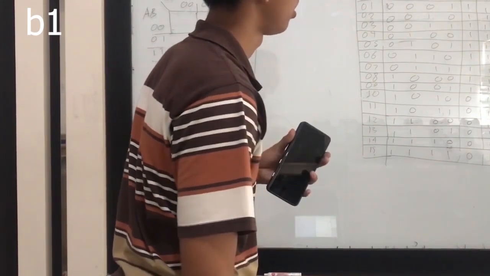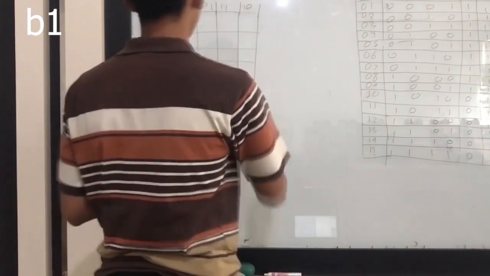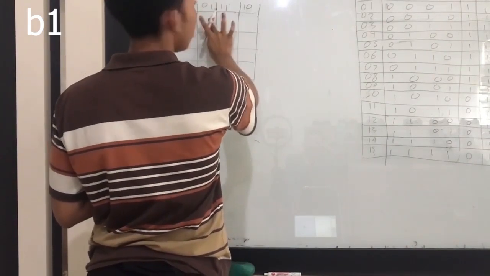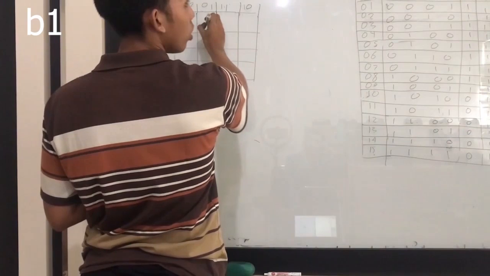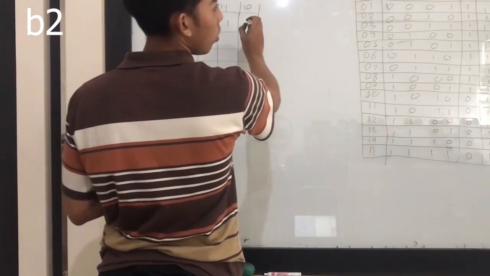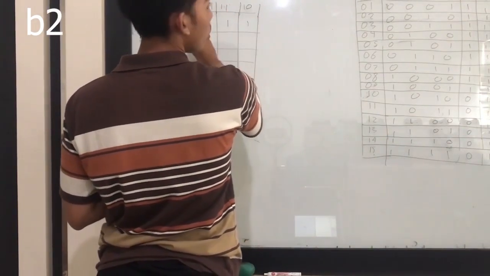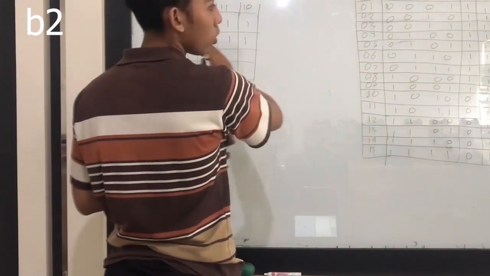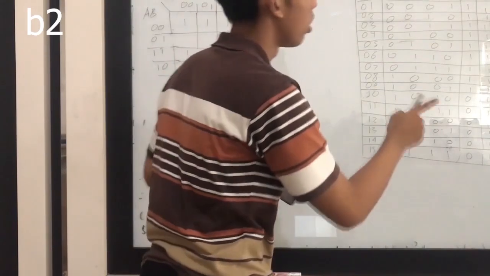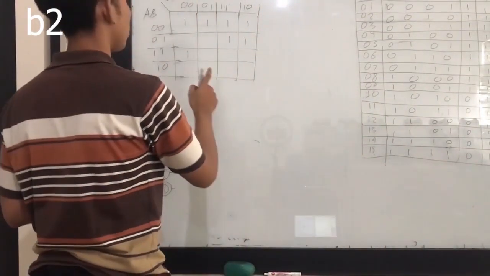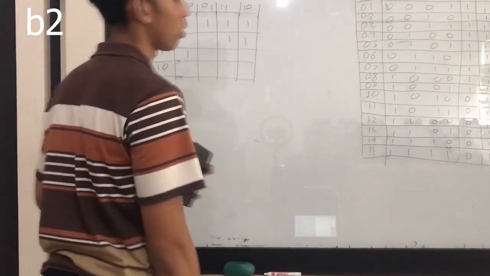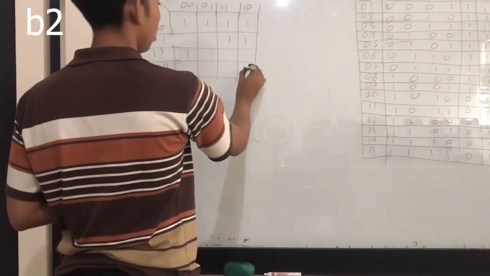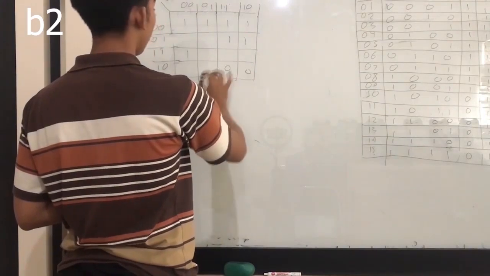B2, ya? 0001. B2 1. 1 1. 1. Wait, 00. B2. 00.